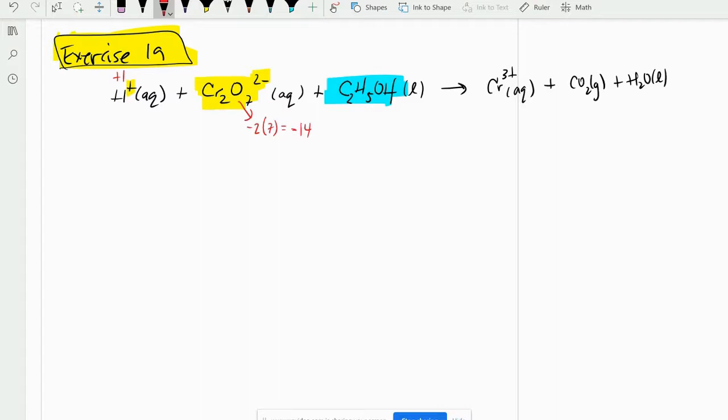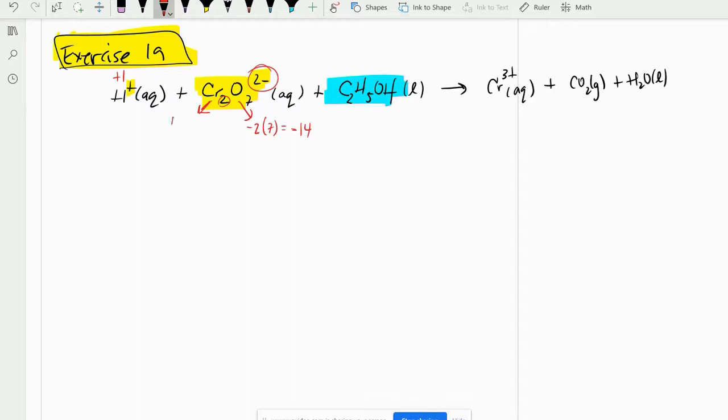It is from this oxygen that I can determine the charge of these chromium atoms. You can see that there are 2 of them. Remember, this species has to have an overall charge of 2-. So what does the charge of each chromium atom have to be in order for us to have a 2- remaining?